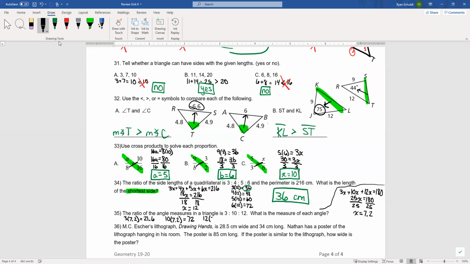And then 12 times 7.2, it's going to be 86.4. So our three angles are going to be 21.6 degrees, 72 degrees, and then 86.4 degrees.